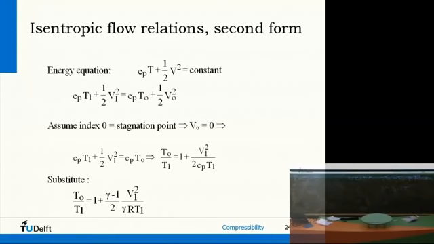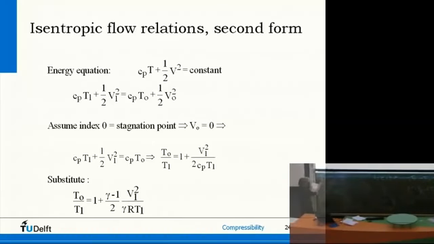So R is CP minus CV. Yeah? Step 1. We need to work our way to CP. What we'll do now is divide by CP. R divided by CP is equal to 1 minus CV over CP, is equal to 1 minus 1 over gamma, actually. CP divided by CV is gamma.